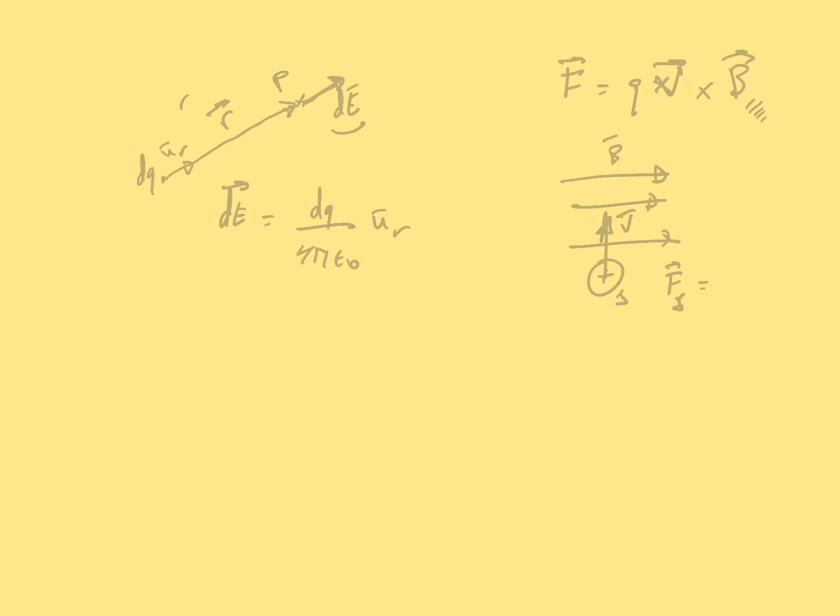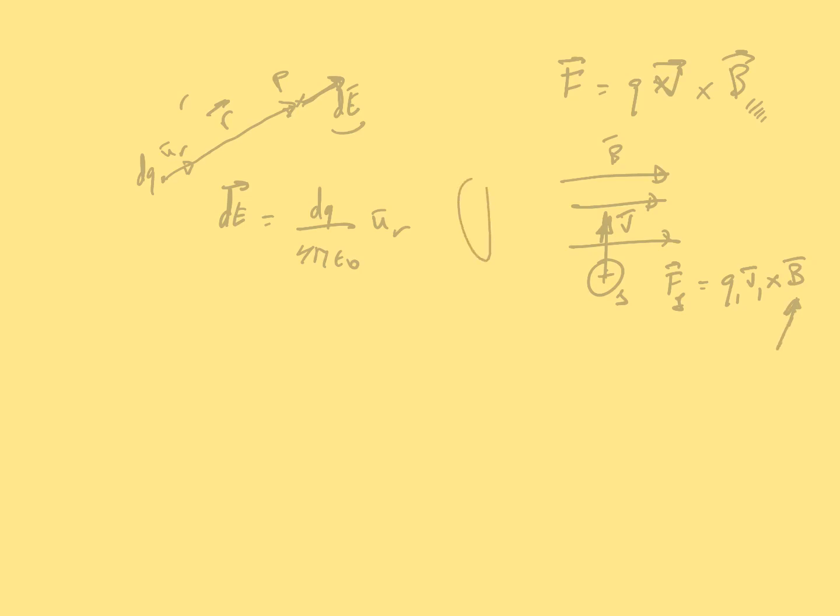The force on particle 1 is the charge of particle 1 times the velocity of particle 1 cross the vector field B, because it is moving, submerged in a vector field B. But we haven't said how to calculate B.